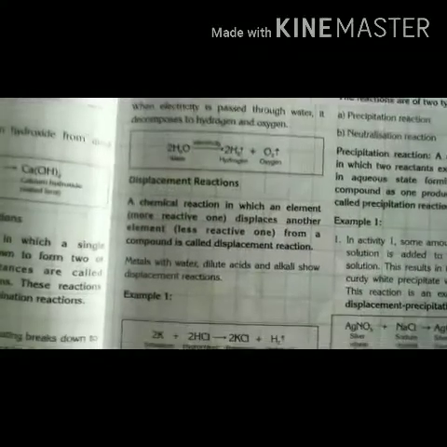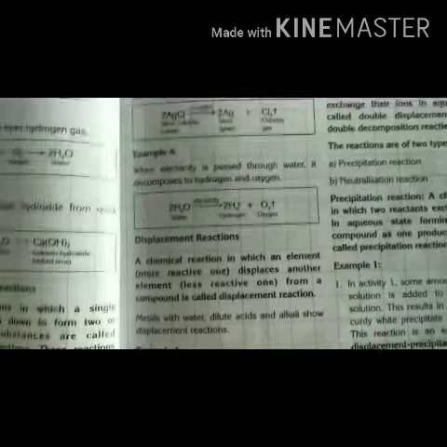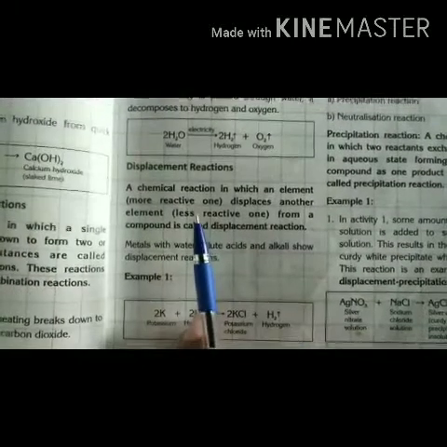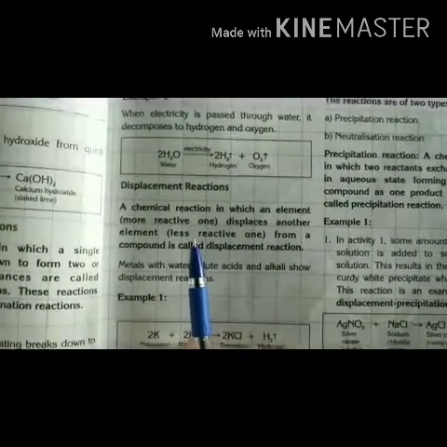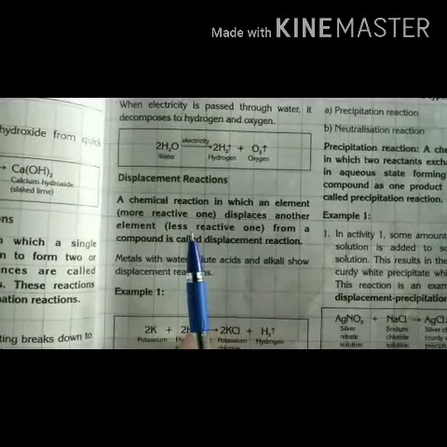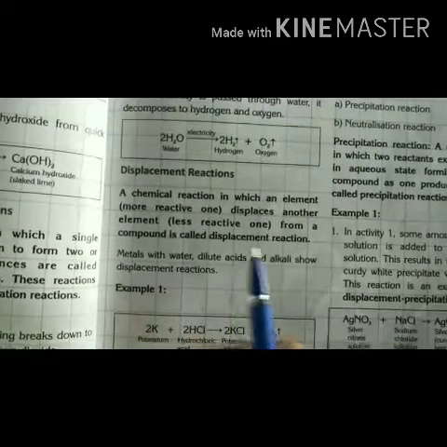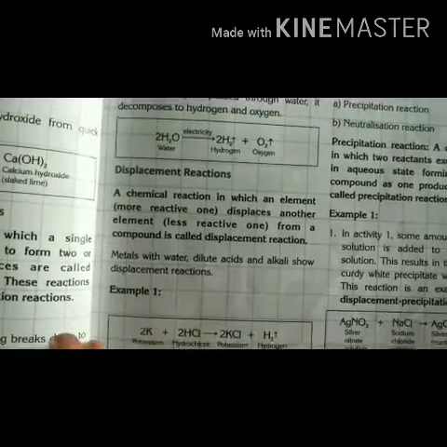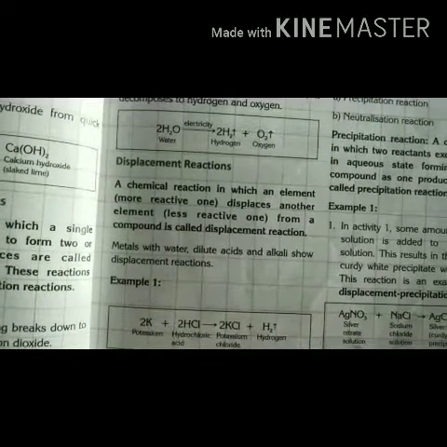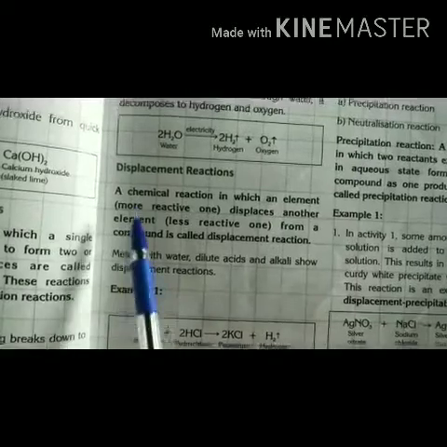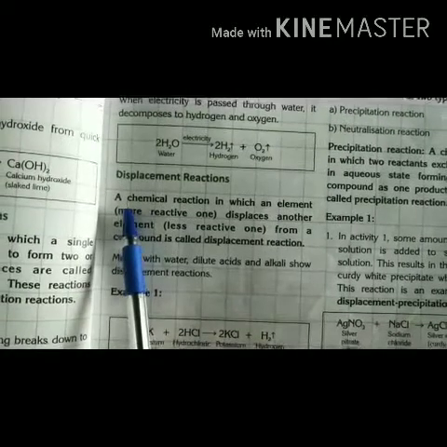After decomposition reaction we can see displacement reaction. Students, you are already aware of the meaning of displacement. Displacement means when you change or displace any substance from its place. So what will be the definition of displacement reaction?